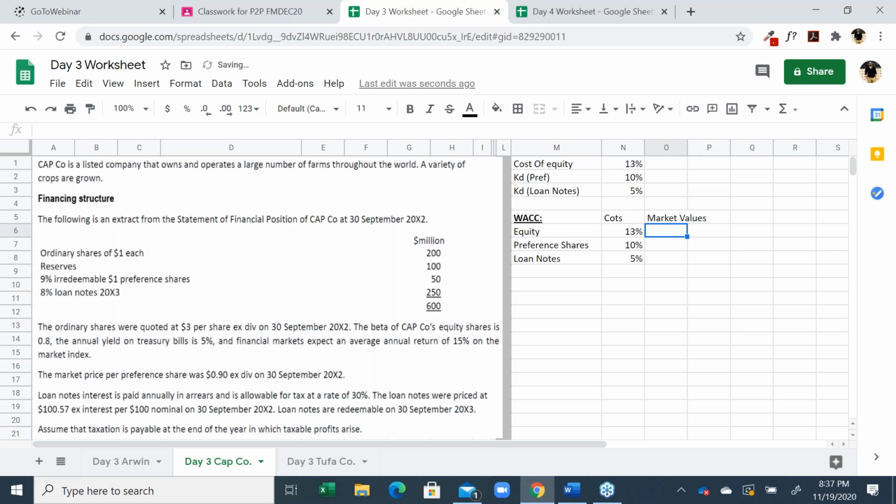And the reason why it should be used is that whenever you are buying a share as an investor, it will always be available at the market value. So you have to invest as per the market value. Similarly, if you are buying any debt instrument of the company, you will have to buy it at its market value.